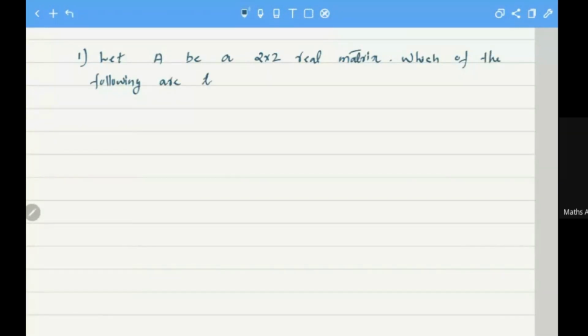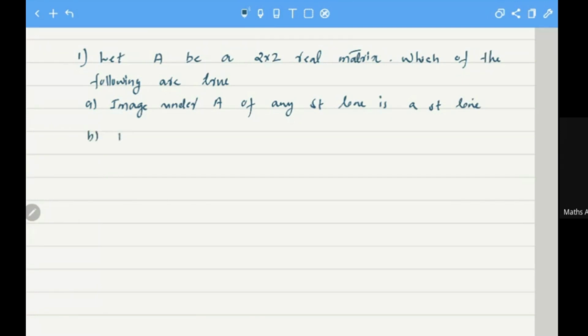Let A be a 2 by 2 real matrix. Which of the following are true? Option A: the image under A of any straight line is a straight line.